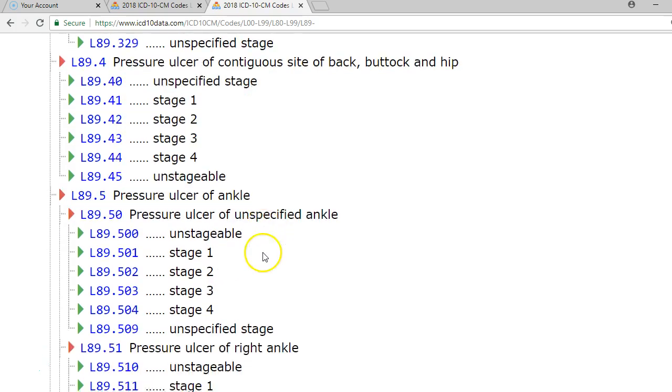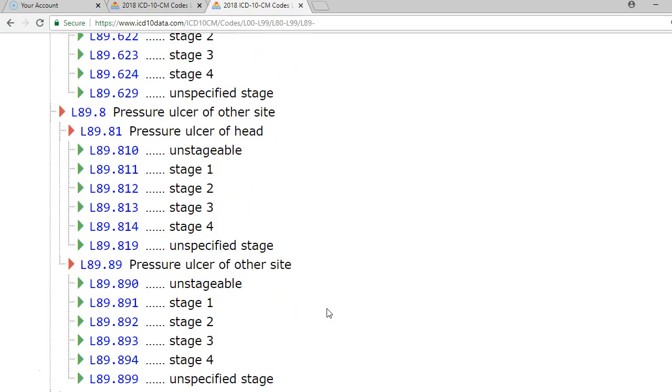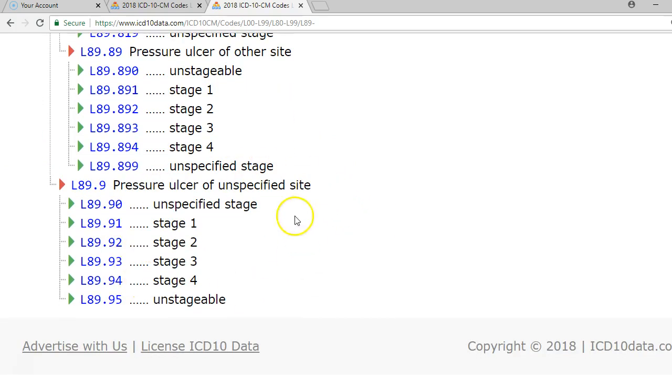Also, we see pressure ulcers of the ankle, of the heel. We're going to see it of the head, and then of other site, and then of unspecified site. L89.9 codes should rarely, if ever, be used because we should know where it is. Even if we don't know or can't tell what stage the actual pressure ulcer is in, we should still be able to identify where it is on the body.